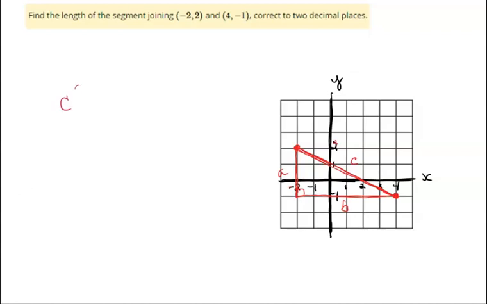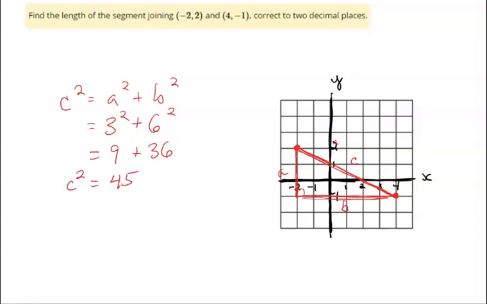So c squared is equal to a squared plus b squared. And so we're just going to count out what those segments are. A is on the side, so A is 3 squared. And I chose this to be B, so that is 6 squared. It doesn't matter which one's which, because they're going to give us the right answer in the end. 36 plus 9 is 45.